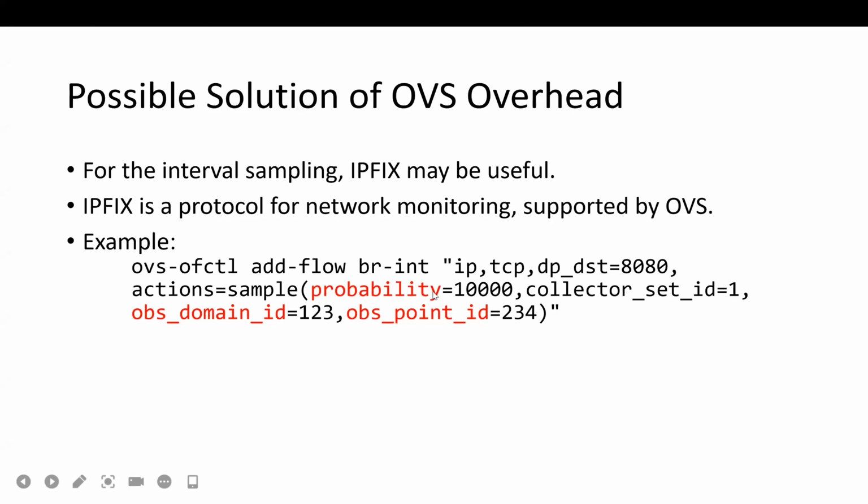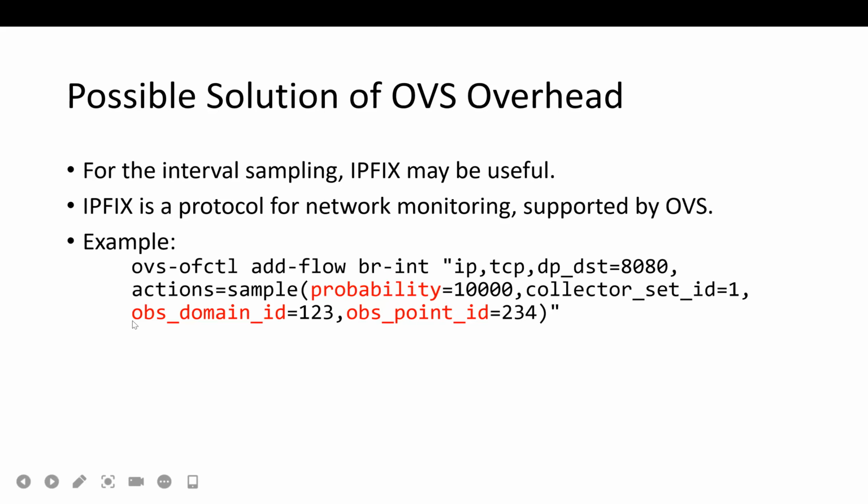The first is probability. For example, if we set the probability to 10,000, it means that we capture 1 out of 10,000 packets. And also we have a collector set ID, so OVS will send an IPFIX message to the predefined collector.